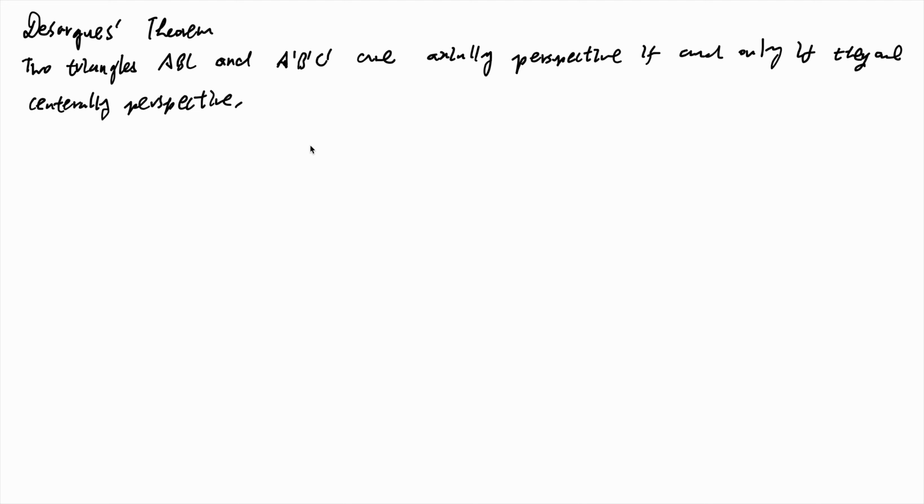what this means is that perspective just means that when we extend our corresponding sides, their intersections are collinear.